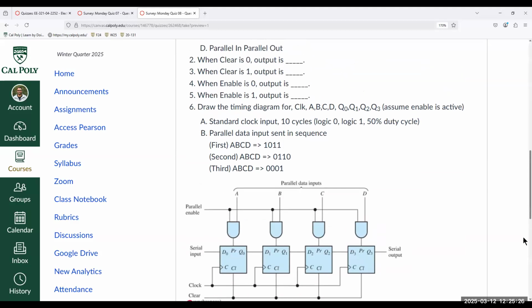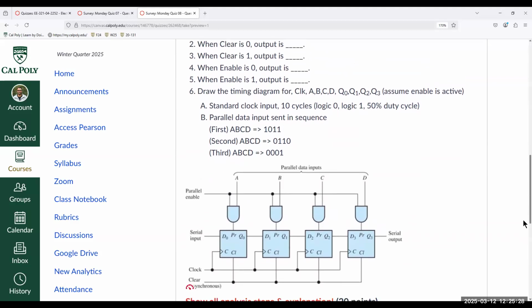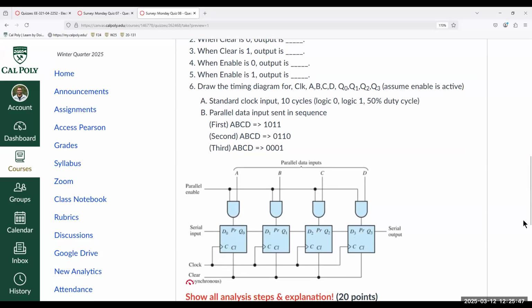And then clear is 0, output is... you have to look at the bubble. If it's clear or preset or enable, you have to look for the presence or absence of a bubble. If there's a bubble anywhere in here near the clock or the clear, then the bubble requires an active 0, meaning it requires a 0.